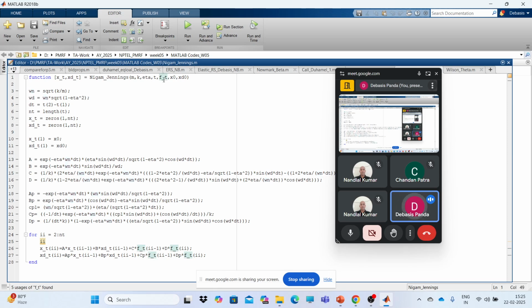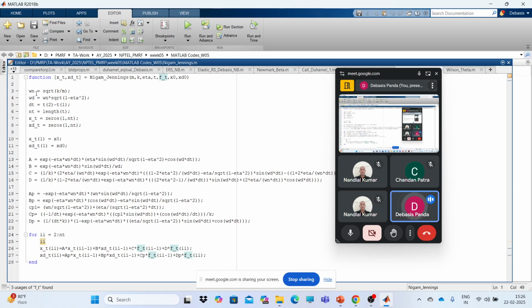Here we will use the El Centro earthquake, but in the PPT there was an arbitrary forcing function f of t. Whatever forcing function you use, whether wind load, earthquake load, or different kinds of pulse forces, it will give you the numerical solution of this system.